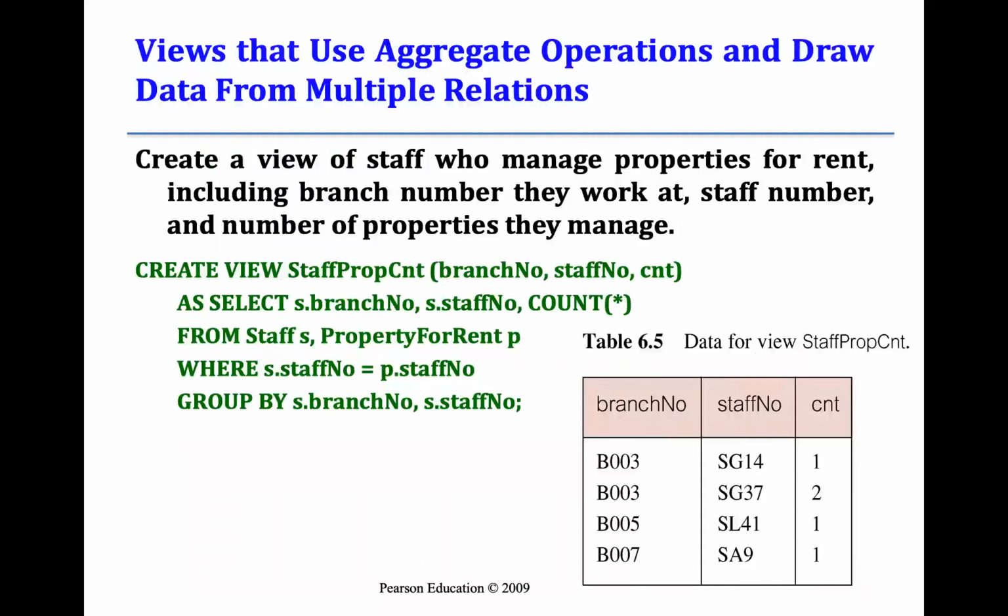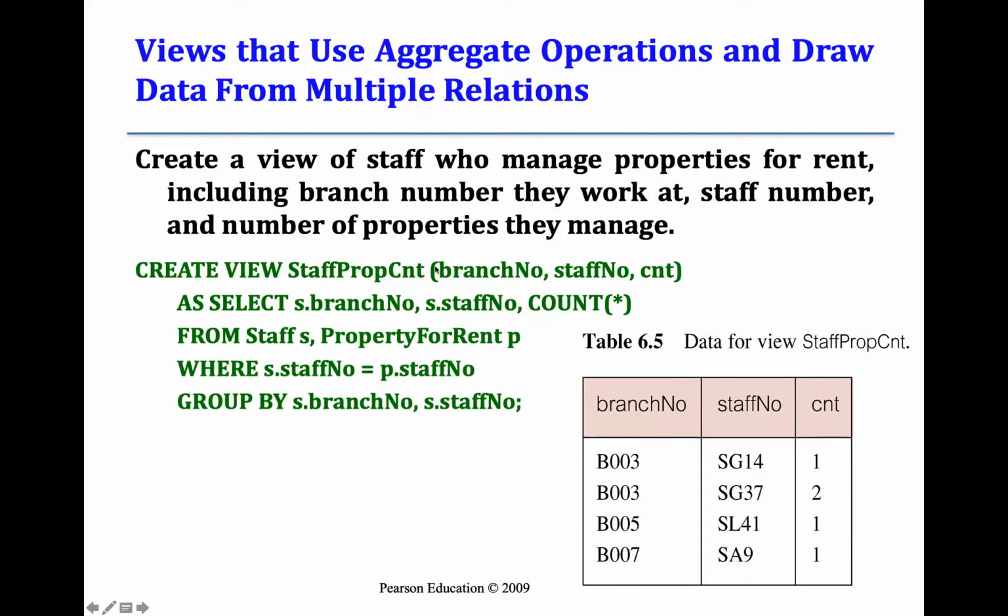And then the third big use of views is to create a view that has one or more aggregated columns. So we started this by showing you a view that contained the number of properties managed by each staff member. And here's how we could create that view.